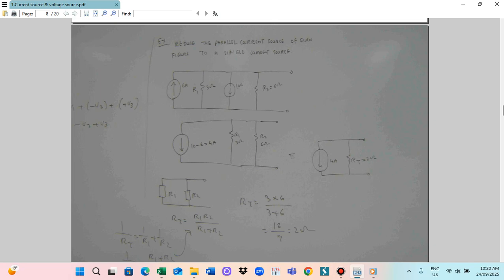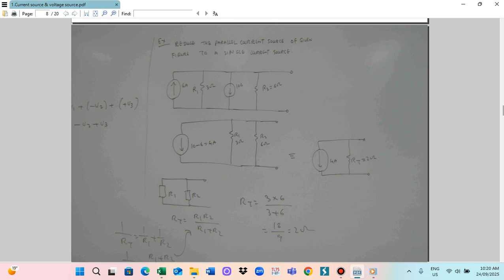Okay, then we have two resistors. Resistor R1 is 3 ohm and resistor R2 is 6 ohm. The two resistors are now connected in parallel.